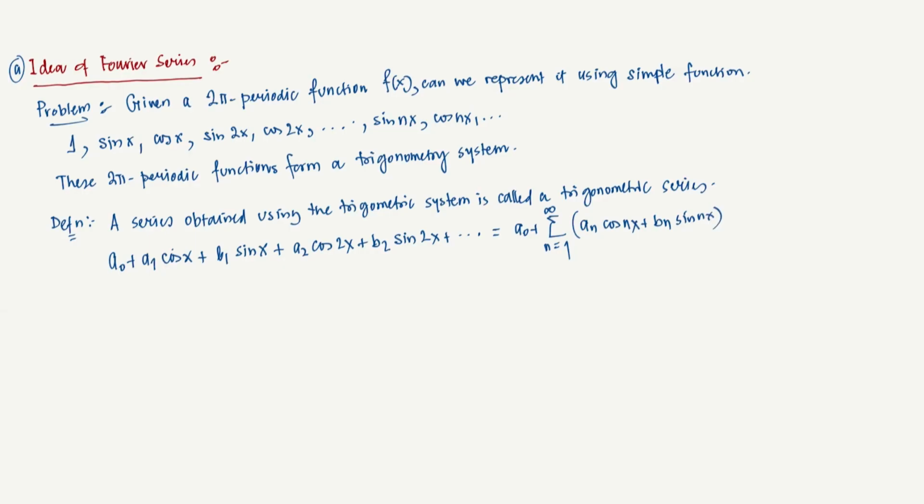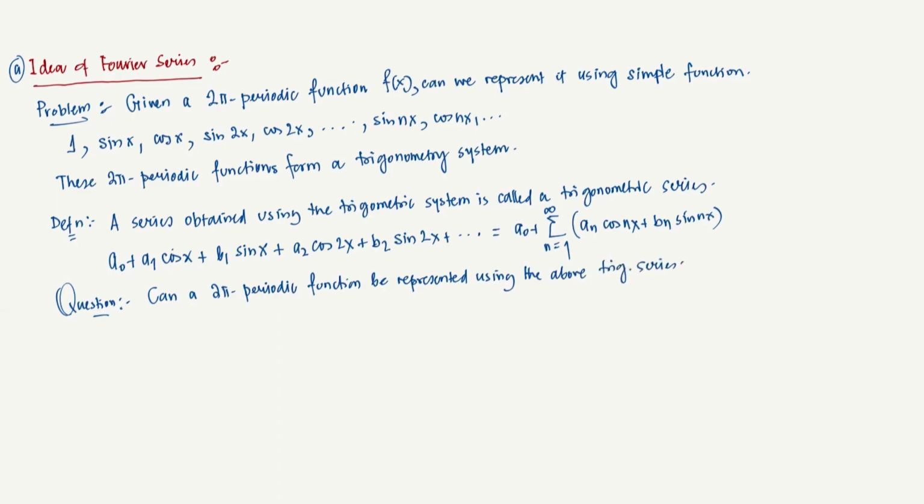Clear? Now let's say the question is this: can we represent f of x using this series? What do I mean by this? Can a 2 pi periodic function be represented using the above trigonometric series?